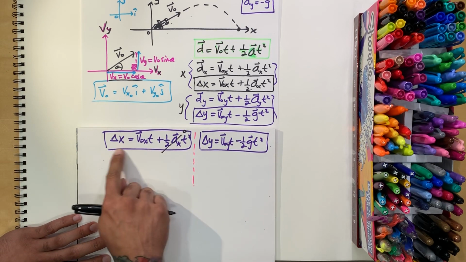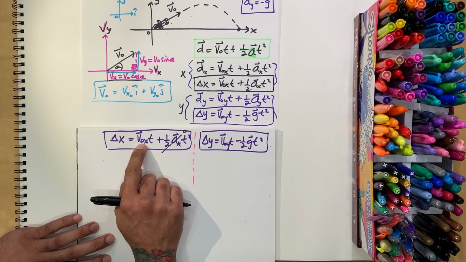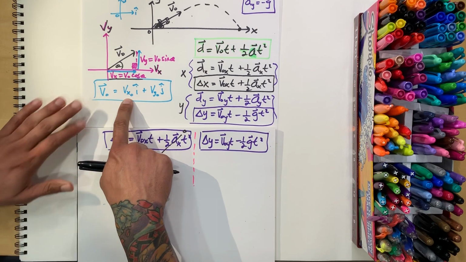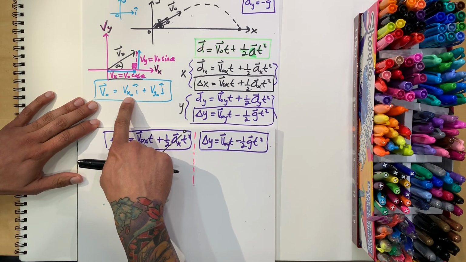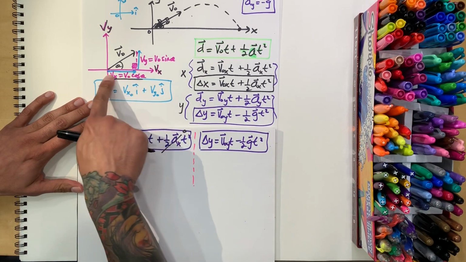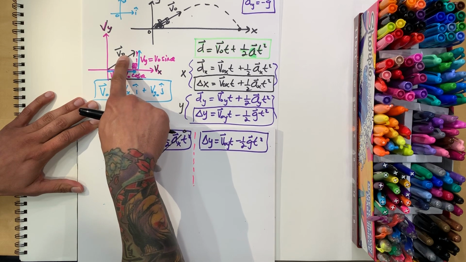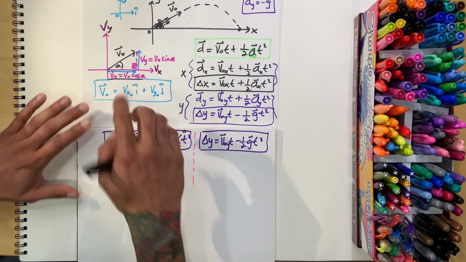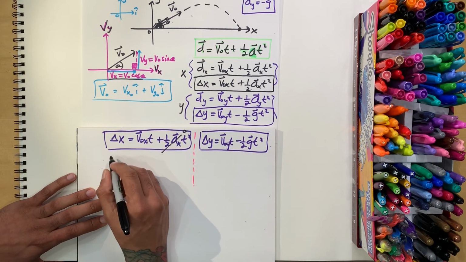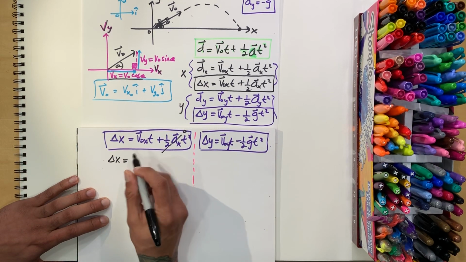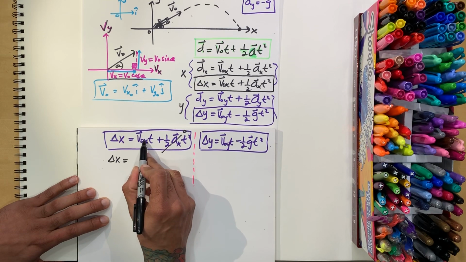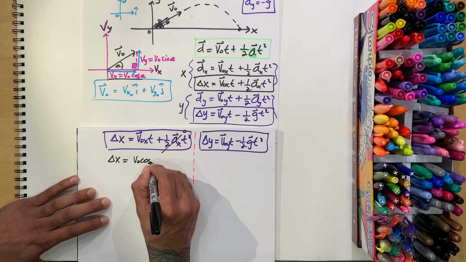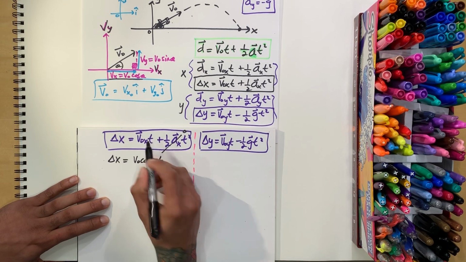Now the second thing we're gonna do with this is change v initial in the x, because we know that v initial in the x direction is v initial cosine theta. So I'm gonna write the change in x is equal to, instead of v initial x, I'm gonna write v initial cosine theta times time.